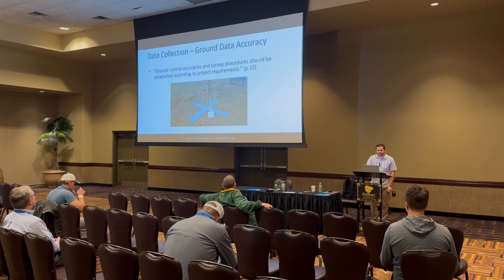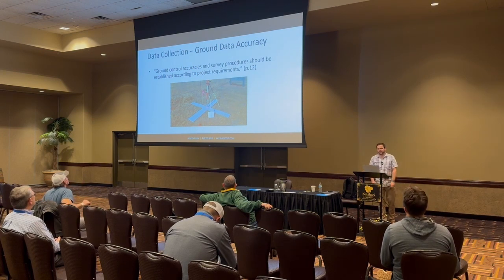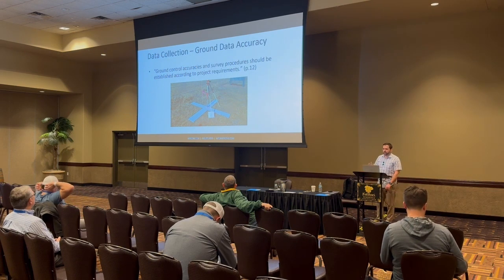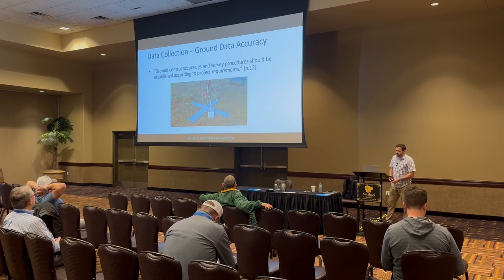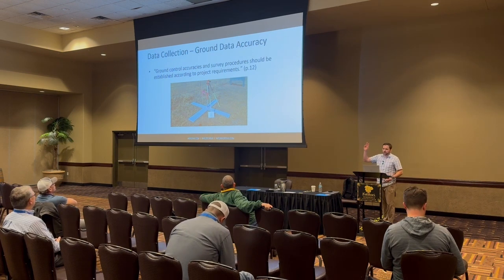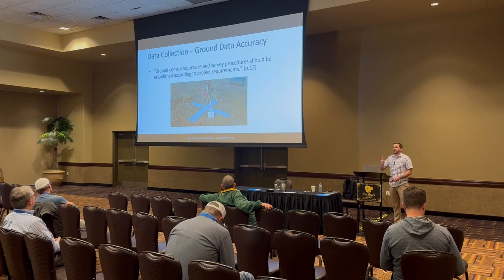So I like those. And a last thing, just another comment from the ASPRS positional accuracy standards. In general, ground control accuracies and survey procedures should be established according to project requirements and should be twice the accuracy of the survey that you want at the end.